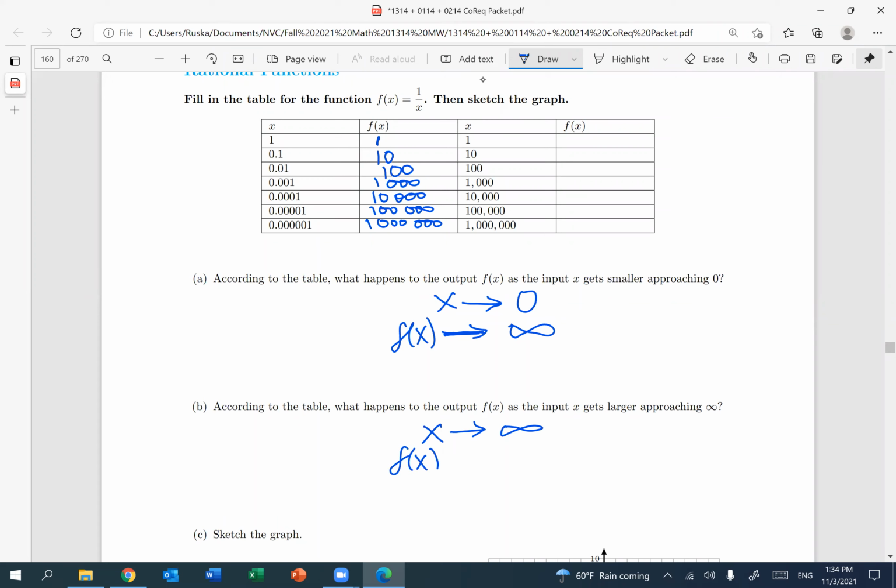Let's fill out the function and let's see where the function is going to. So you have, again, 1 over 1 is 1. 1 over 10 is 0.1. 1 over 100 is going to be 0.01. 1 over 1,000 is going to be 0.001. And then you're going to have more zeros included, right?